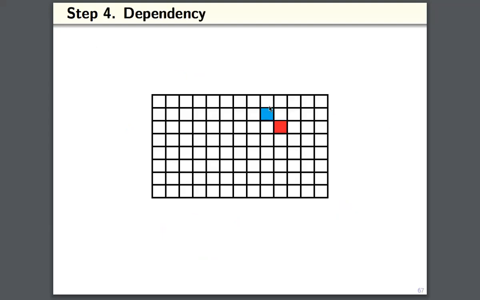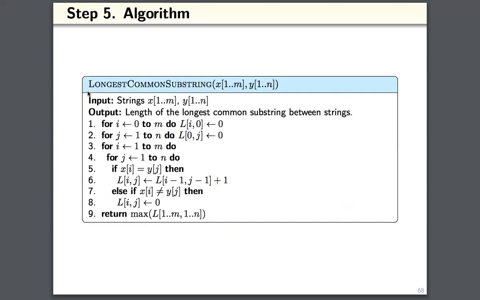So the dependency is, this is L of ij. It depends on only one cell, L of I minus 1, j minus 1. Right? Only one cell. It is easy to understand from the recurrence.